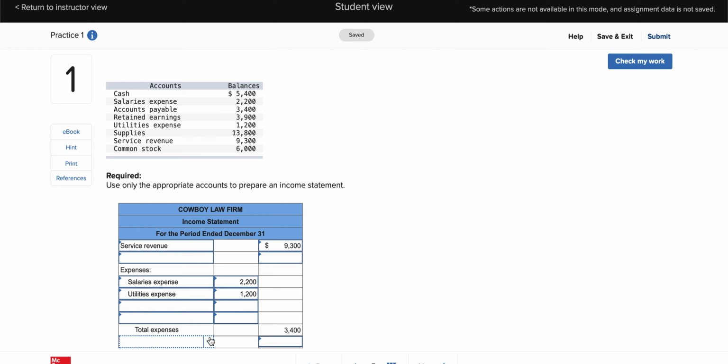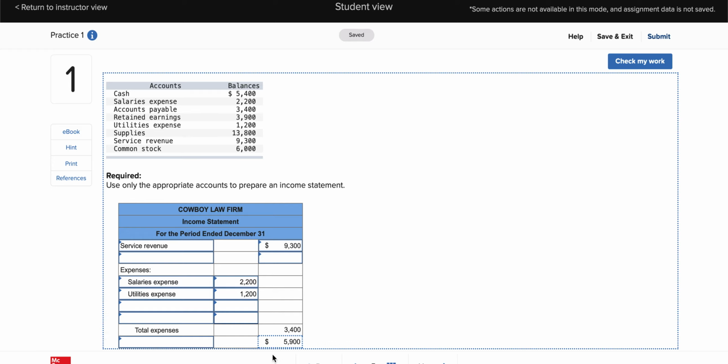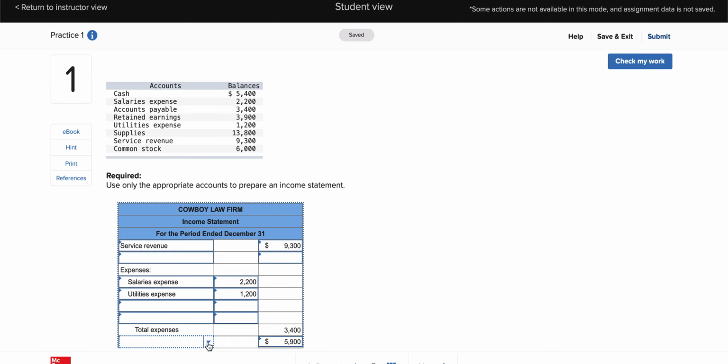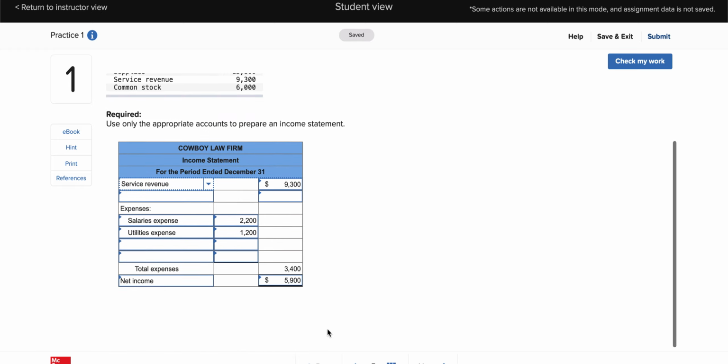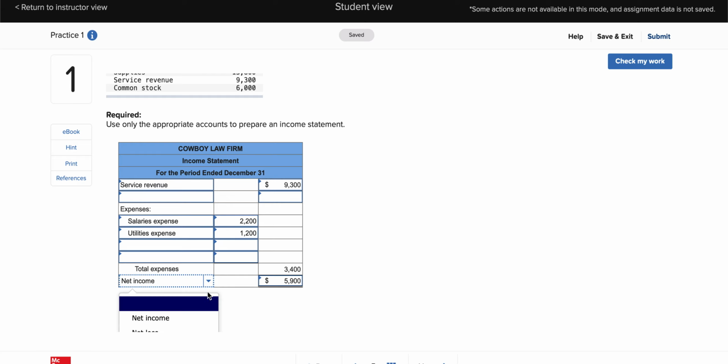Come on now. Oh, why does it not want to work? I'm going to put the amount in and see if it'll let me go back. The difference between 9,300 and 3,400 is 5,900. And this should let me record net income. Okay. Maybe it was below my line and I just wasn't seeing it. Oh, there it is. Okay, so we find the net income there.